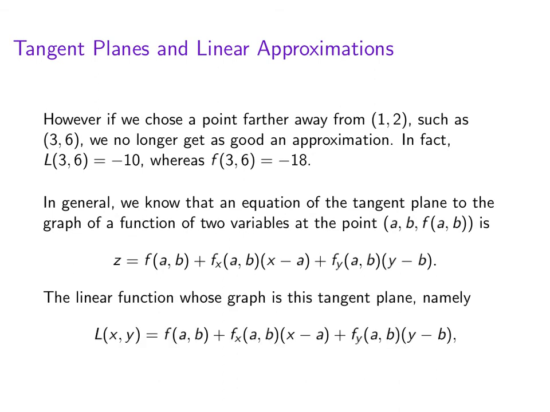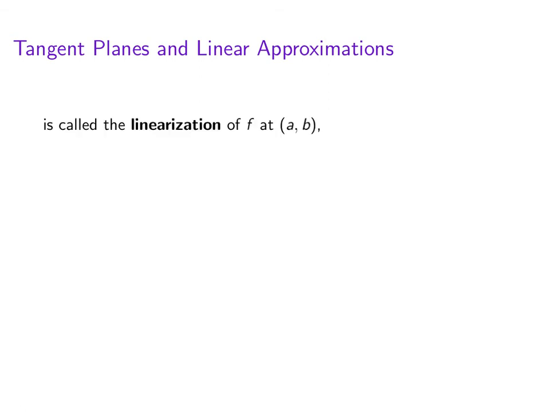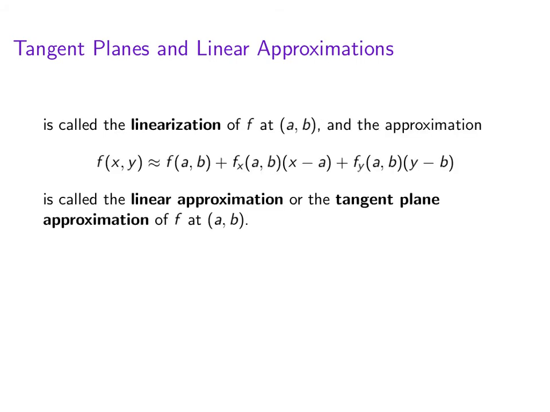Then we can call this a linear function, and that's the graph of the tangent plane. Same thing, but we're calling it L of (x, y). This is called the linearization of f at the point (a, b). Then the approximation, where we say f of (x, y) is approximately equal to the linearization, is called the linear approximation or the tangent plane approximation of f at the point (a, b).